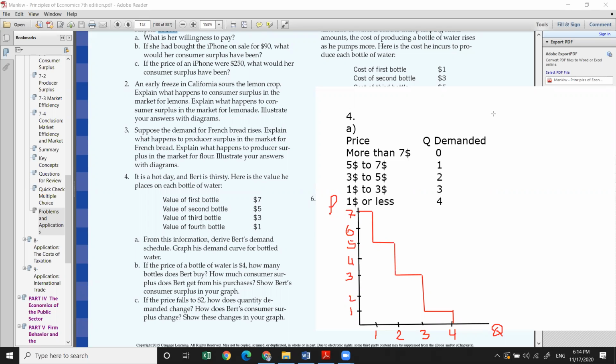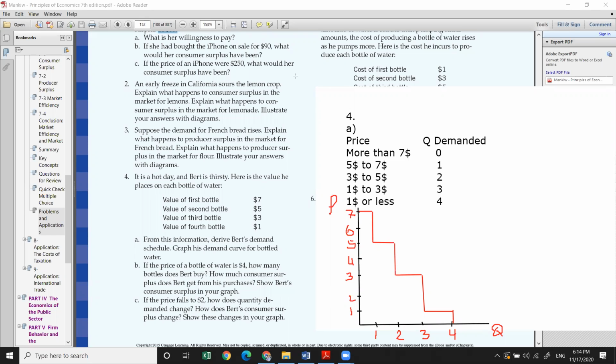It's easy to draw by the numbers if these numbers are given. Now, if the price of a bottle of water is $4, how many bottles does the bird buy, and how much consumer surplus does the bird get from his purchase? And show the bird's consumer surplus in your graph.